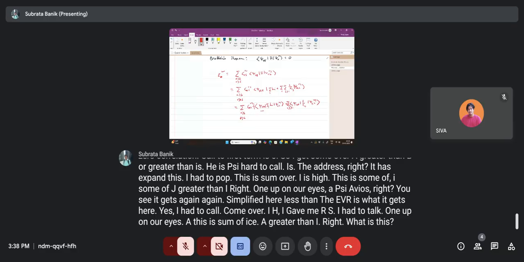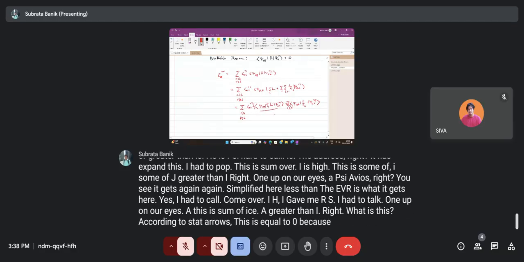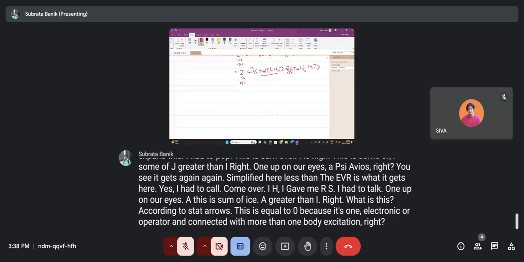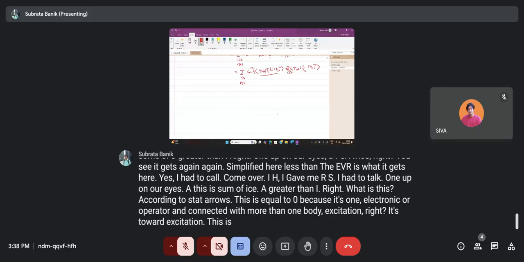What is this? According to Slater rules, this is equal to 0 because it's a one electron operator connected with more than one body excitation. This is a two body excitation and this is no excitation, so this will be equal to 0.